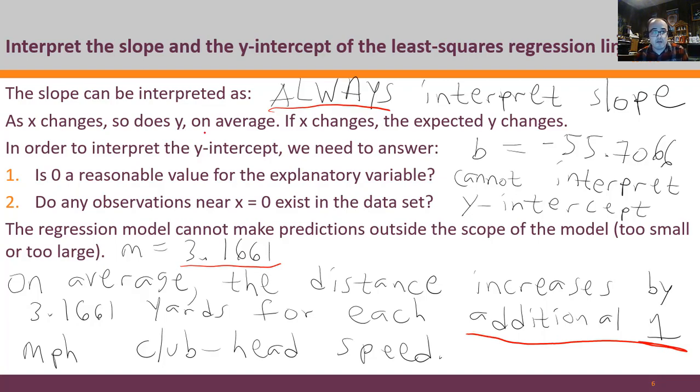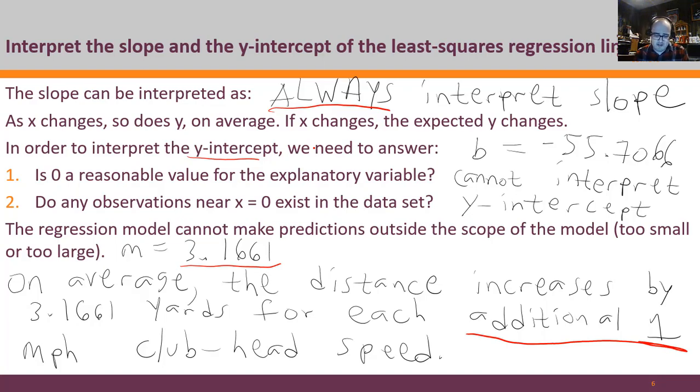Okay? But the y-intercept, this one is iffy. We have two questions. Is 0 reasonable? And do any observations near x equal to 0 exist in the data set? Can we have a club head speed of 0? Well, that would be when it is not moving. So I mean, if you look at it that way, potentially.